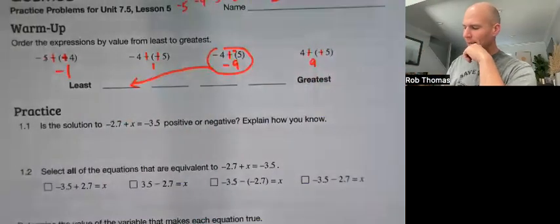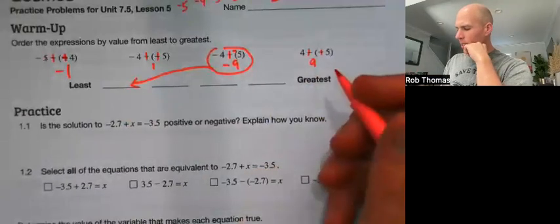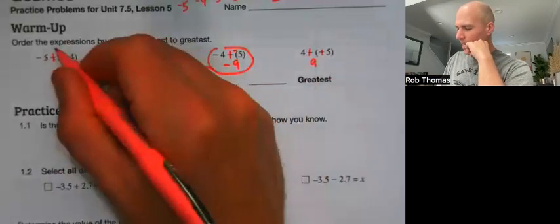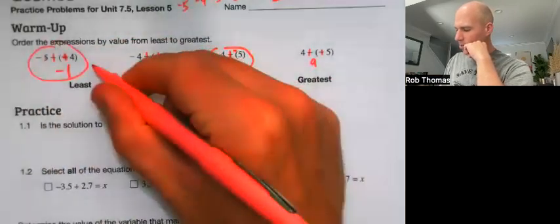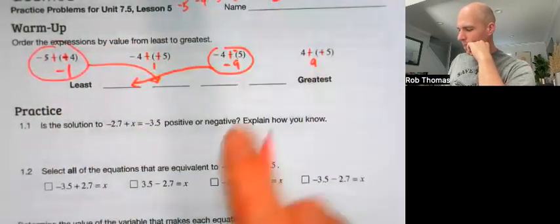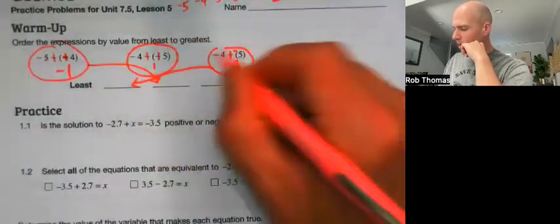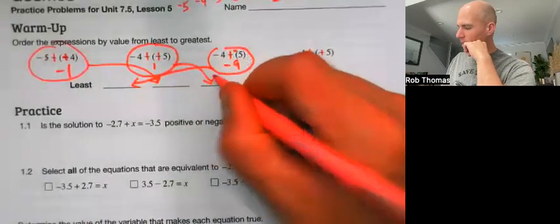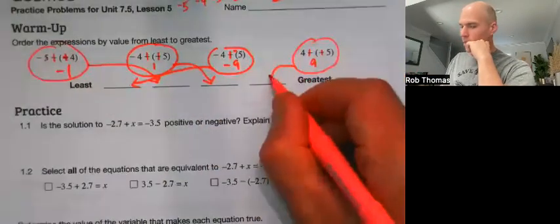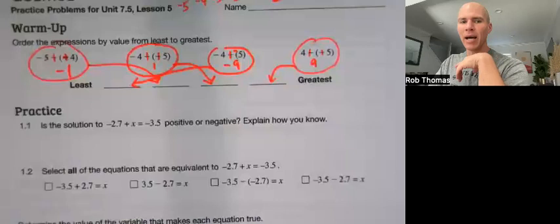I don't know. Let's see here. The next smallest one is going to be the other negative one. This one right here should be in your number 2 slot. Then the smaller positive valued one is going to go in that 3rd slot, and the biggest one is the one that had a value of 9.